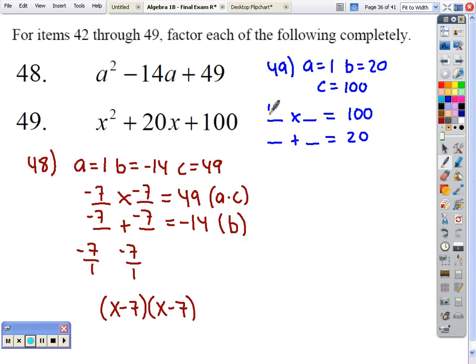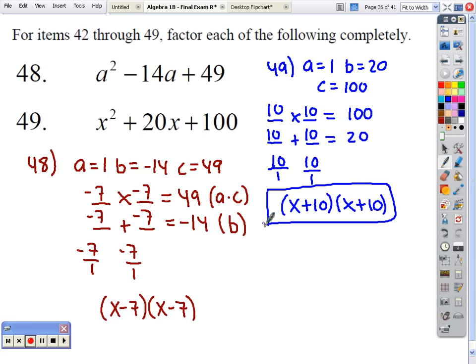So those are going to be my numbers to use. And just like on the previous problem, I'm going to write them over my a value, which is 1. And my two answers are really the same: x plus 10 times x plus 10. That's my answer. Okay? Again, if you're having trouble with these, we're running out of time, so you need to get help on this. Okay?